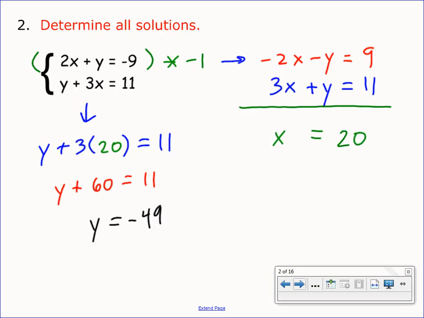Yikes, math is hard. Well, it looks to me like my potential solution point is 20, -49. But before I box that, I'm going to go ahead and check in my originals. So let's go ahead and check this ordered pair x, y. I must satisfy each equation in order to be a solution of the overall system. So here I go. 2 times x is 2 times 20 is 40. 40 plus a -49.